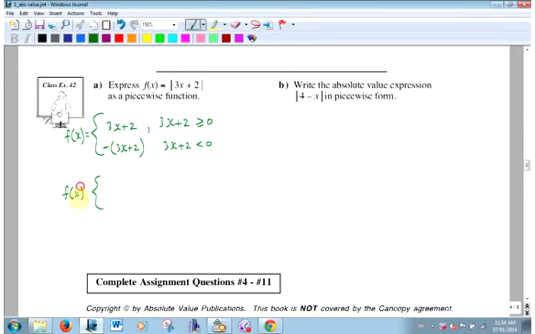So let's just simplify that down a bit. Minus 3x minus 2 if 3x is greater than or equal to minus 2, or x is greater than or equal to minus 2/3, right?